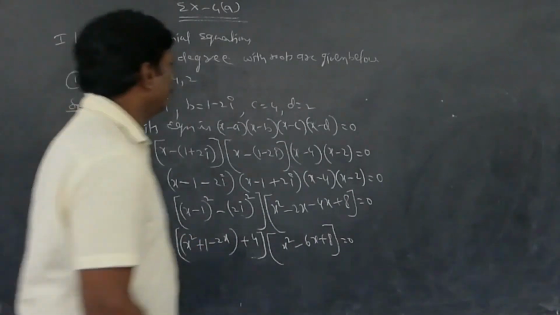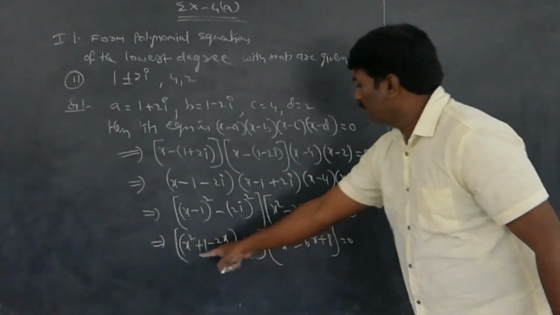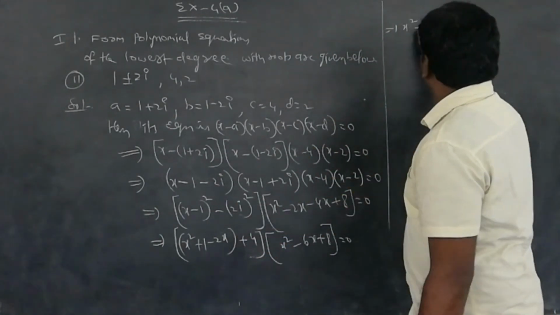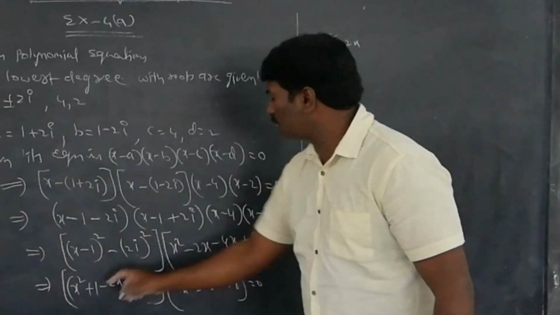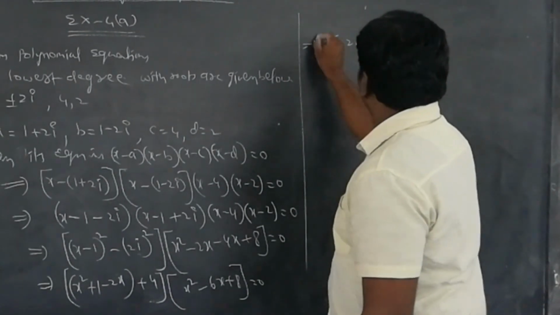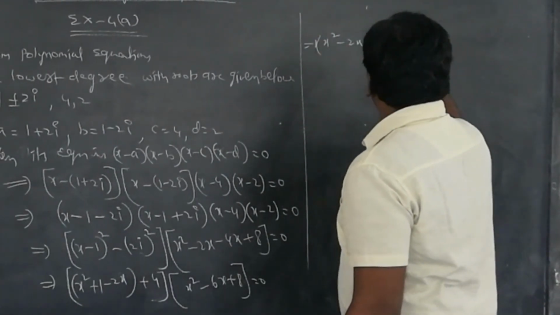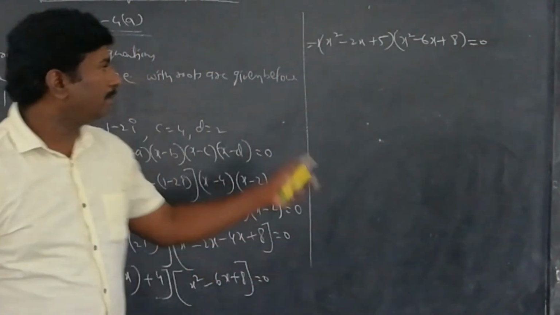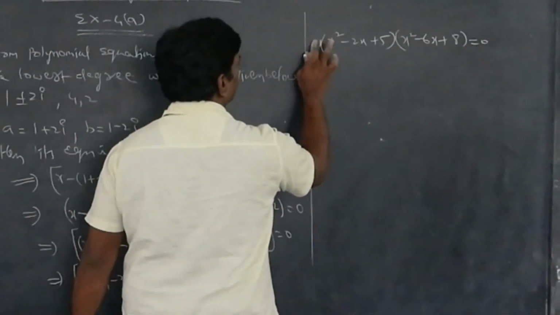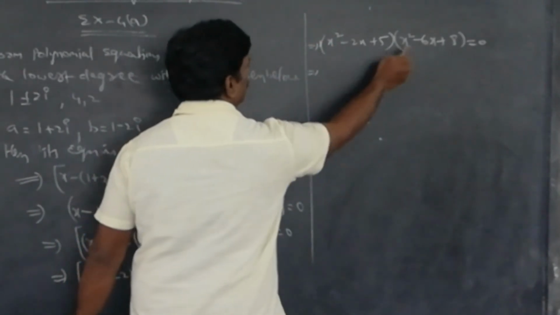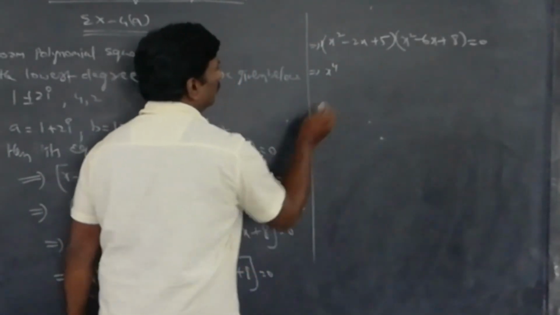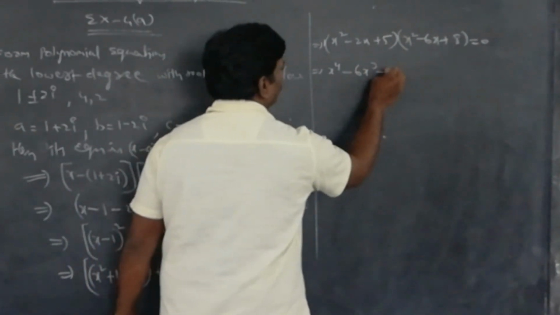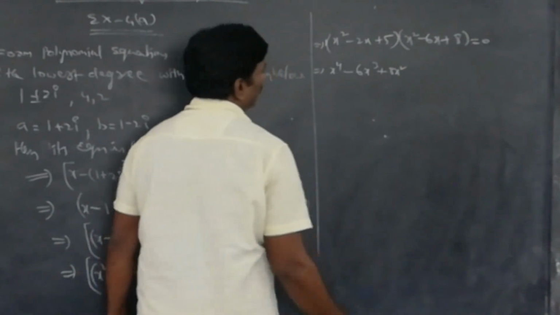Now again multiply. It becomes x square minus 2x plus 1 plus 4, that is 5, into x square minus 6x plus 8 equal to 0. Now again multiply. x square into x square is x power 4, x square into minus 6x is minus 6x cube, plus 8x square.